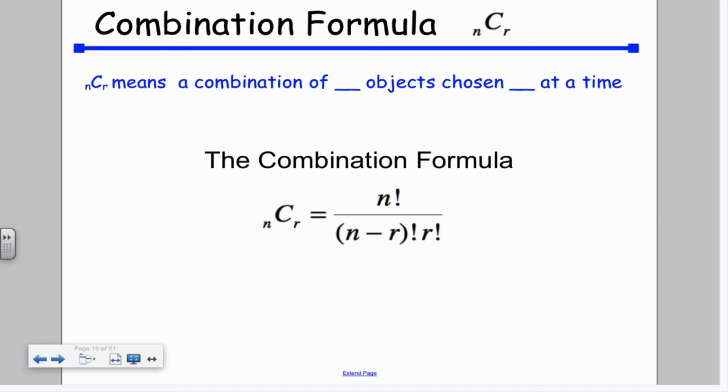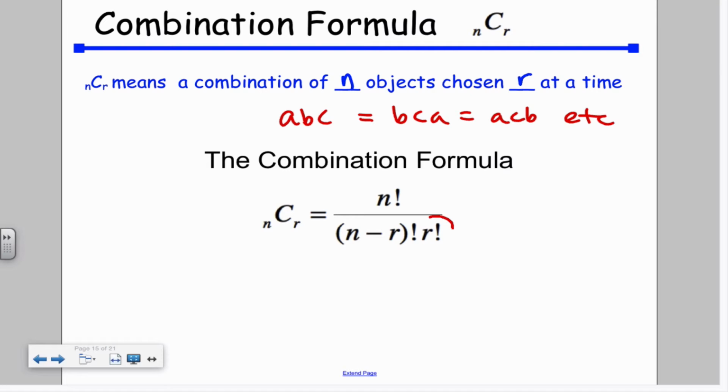Now let's look at the combination formula. So nCr means a combination of n objects chosen r at a time. And remember with this, we're not concerned about order. In other words, ABC is equivalent to BCA, is equivalent to ACB, etc. They're all the same group.